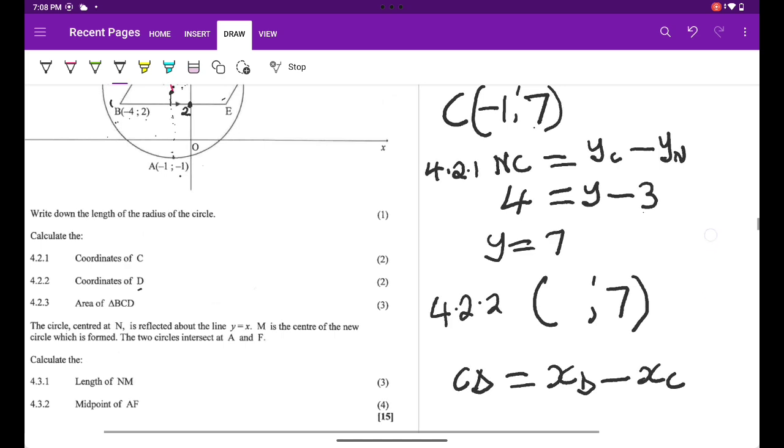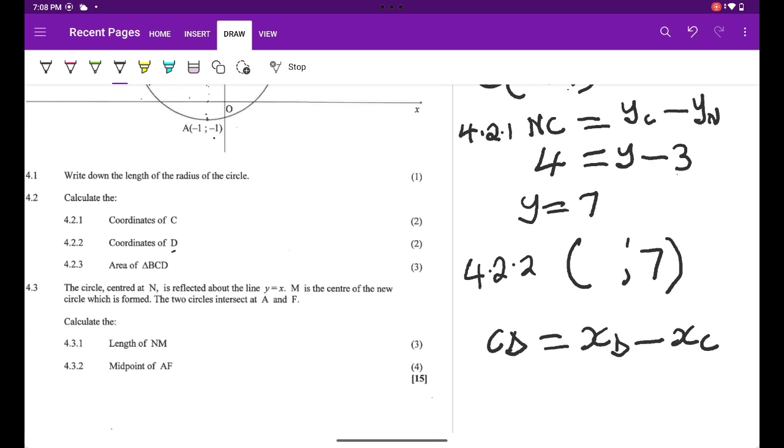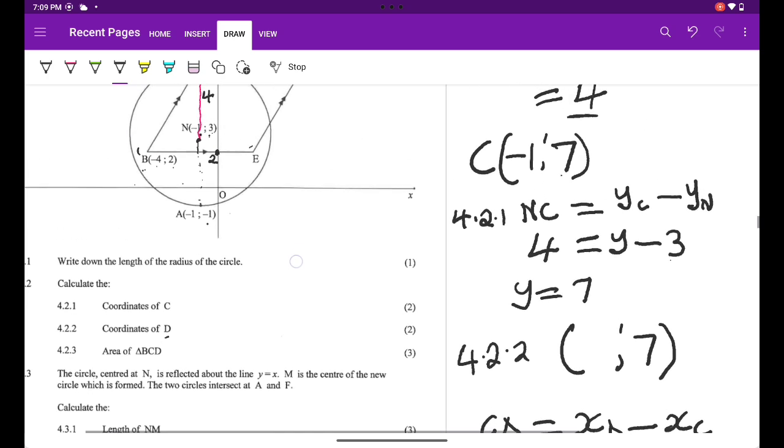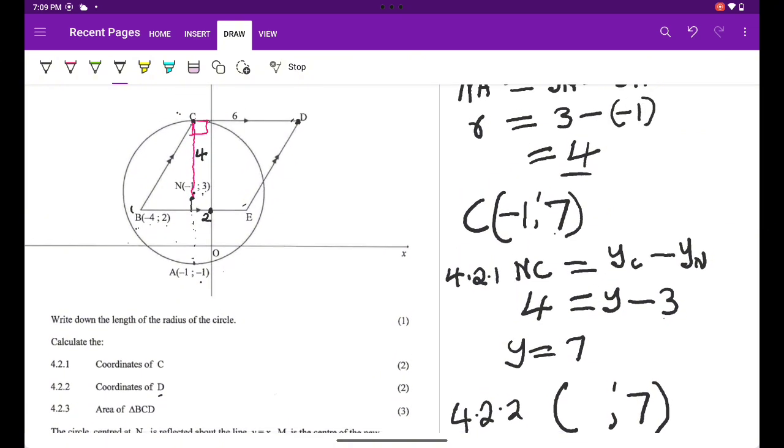So now that is the distance of CD, but already we know the distance, which is 6. Now the x value at D is what we are looking for. So that's the value of x that we are looking for. And then we subtract the x value at C. Now, what is the x value of C? Already we have calculated it here. We said it's -1.